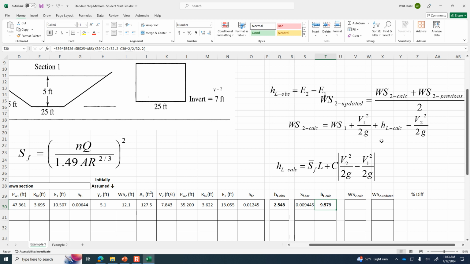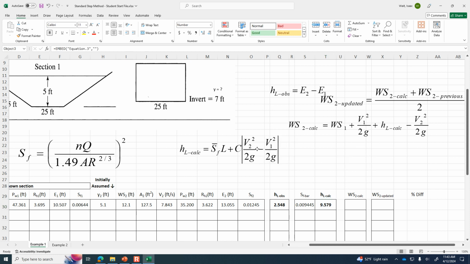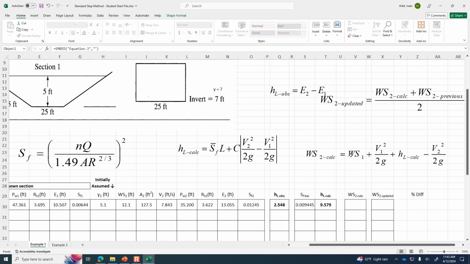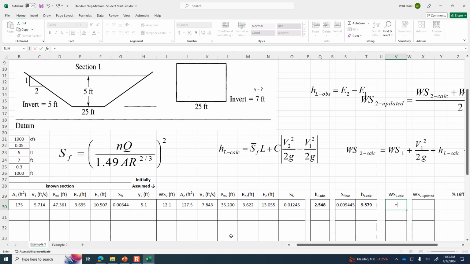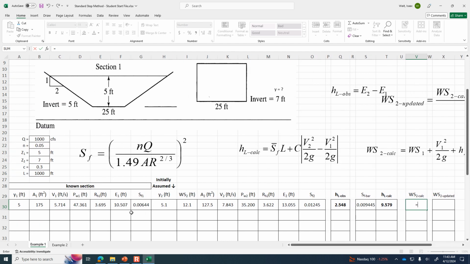We have to calculate the new water surface elevation using this. So water surface 2 calculated is going to be water surface at 1. So water surface is defined as, do we have water surface at 1 as a cell? We don't. Water surface at 1 is just the depth at 1 plus Z1.